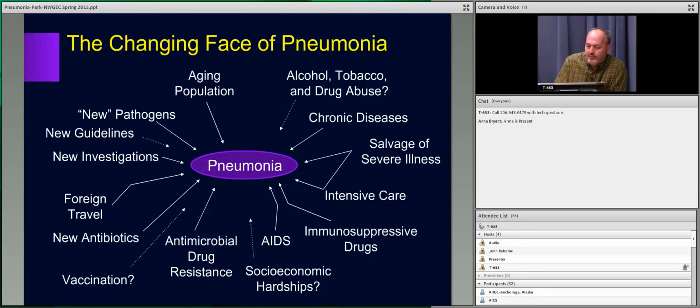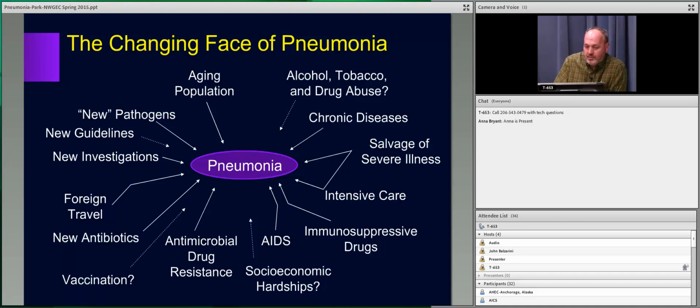So we've got our aging population, number one. We've got bad habits. We've got chronic diseases. We've got salvage of severe illness. We've got immunosuppressive drugs. We have AIDS. We have socioeconomic hardships, rising antimicrobial drug resistance, maybe some impact of vaccination, maybe not.